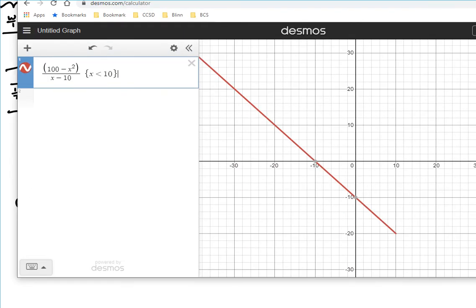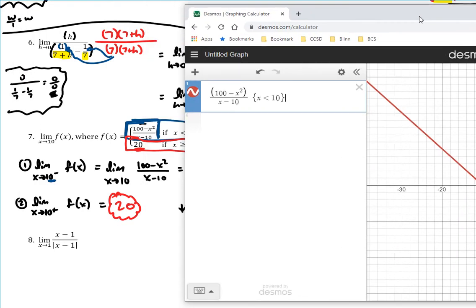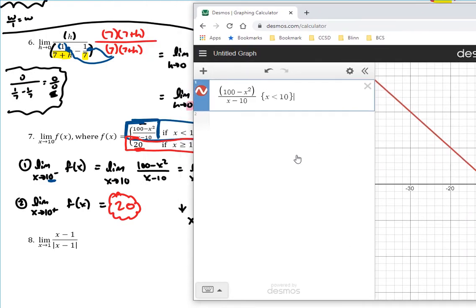And you can't really see all of it, but notice it stopped at 10. Okay, so that's how they deal with piecewise functions. And then we have another one. Just type it in the second line, 20, and then brace x greater than or equal to, so I just press the greater than symbol and then the equal on the keyboard, and then 10, like that.